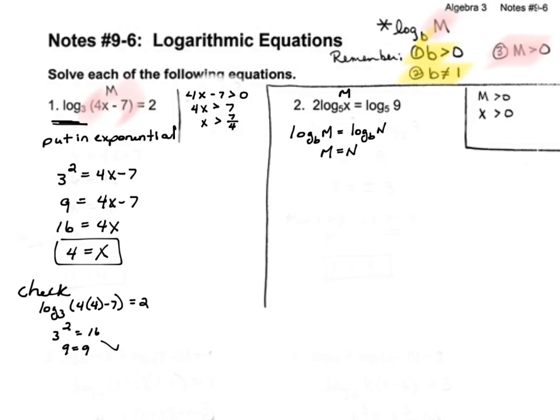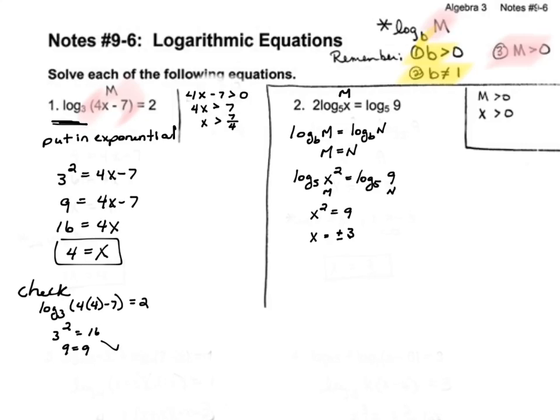So we see that they're log base 5, but we first need to simplify on the left. That's log base 5, and that 2 comes back up of x squared equals log base 5 of 9. So there's your m here, and here's your n, both log base 5, so that means then that x squared must equal 9. Well, when you square root both sides, you find that x equals plus or minus 3, okay?